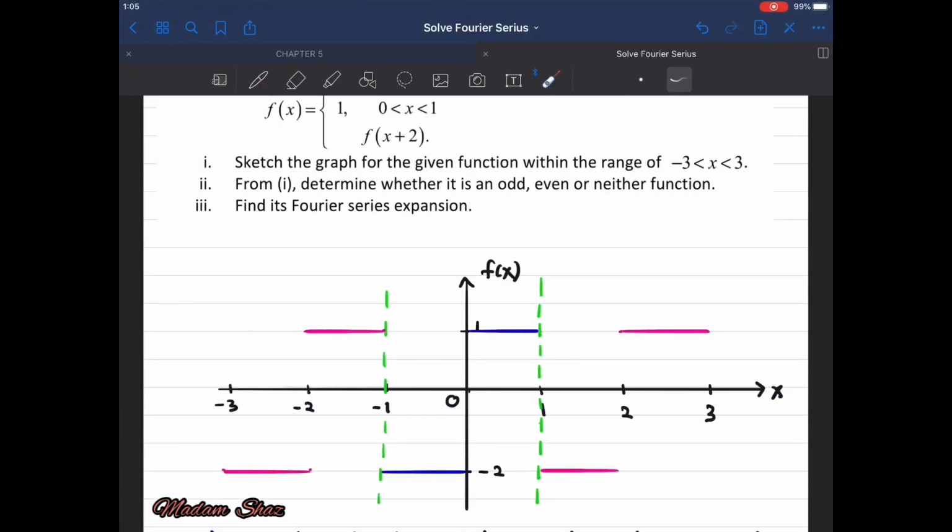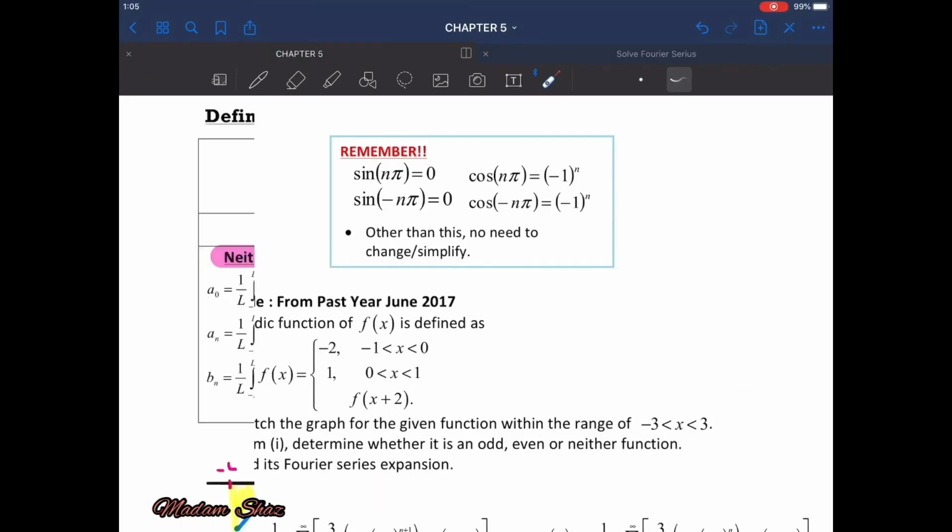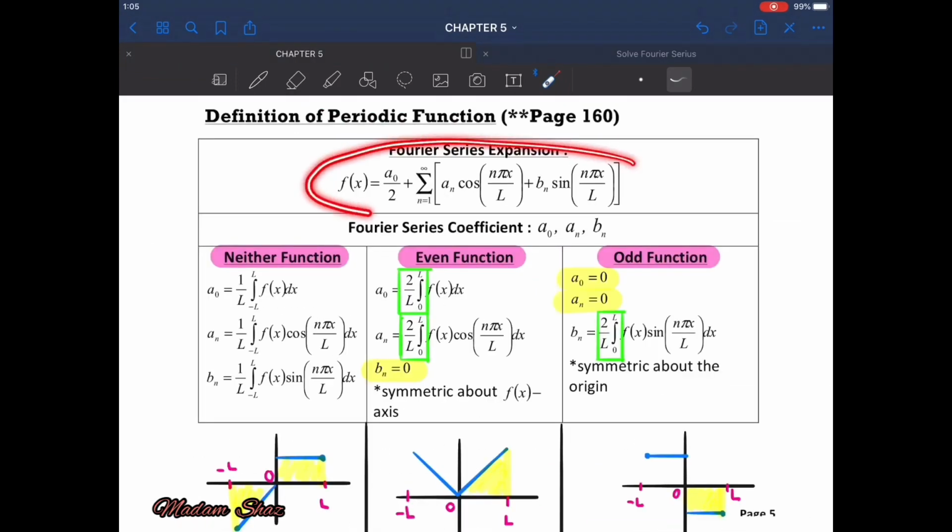So now let us proceed to question 3 Roman. Find its Fourier series expansion. In order to find the Fourier series expansion, we have to find all the values for the Fourier series coefficients, whereby you have to calculate the values for a0, an, and bn.